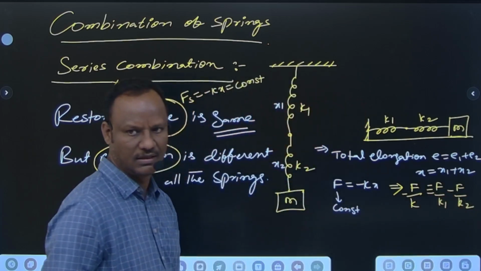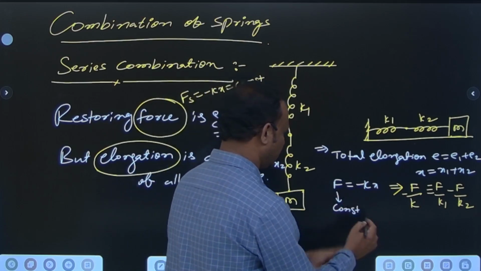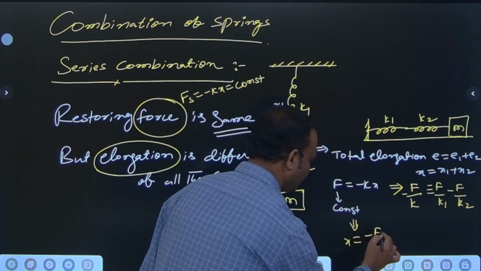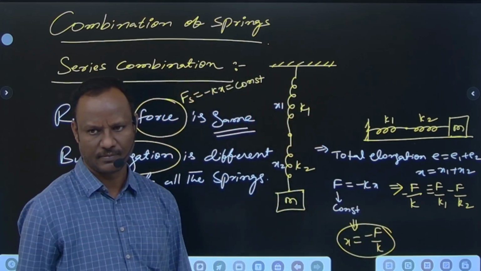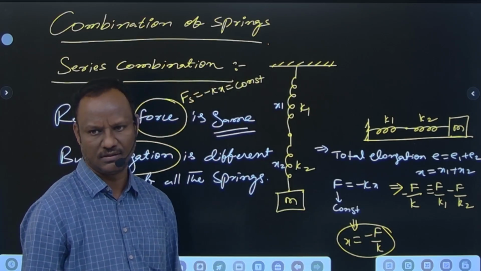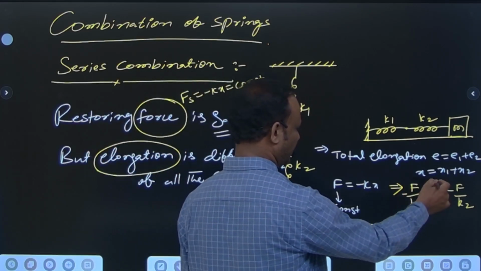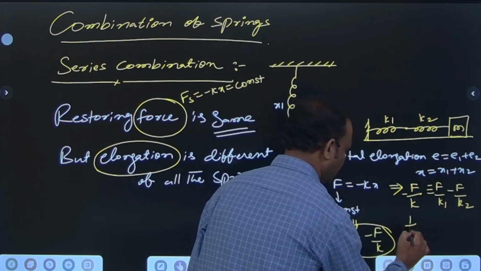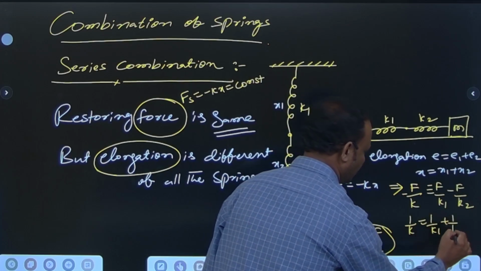In place of x we can write minus F by K. So X is equal to minus F by K, equal to minus F by K1 minus F by K2. Which means 1 by K is equal to 1 by K1 plus 1 by K2.